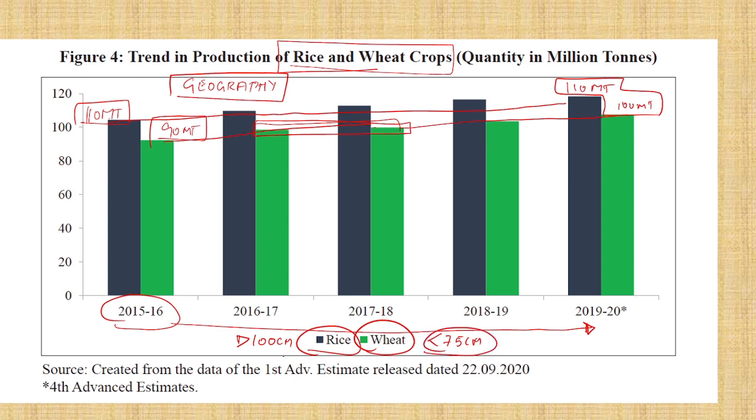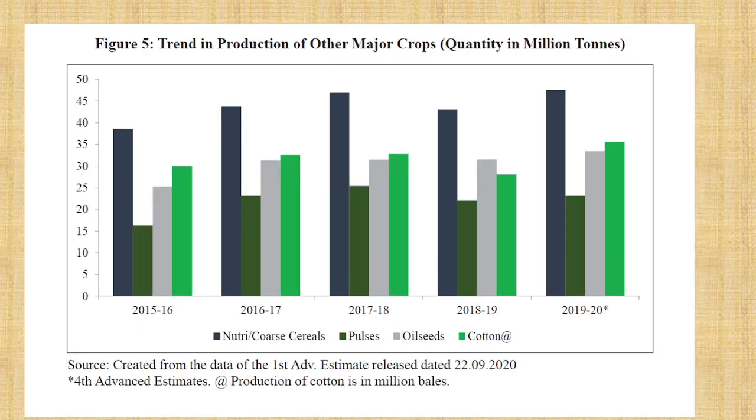Rice grows in fertile areas, the Gangetic plains, in delta areas. Where does wheat grow? You should see all these things. That is what I said, connection and context-based study will be very beneficial. When we are seeing this, production is this much, you go and check what is the cropping pattern for rice and wheat.